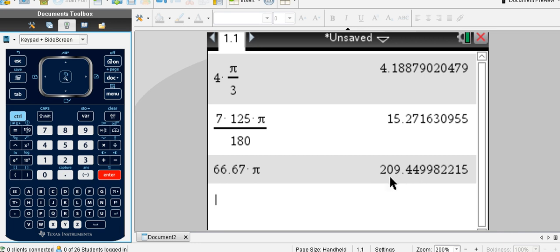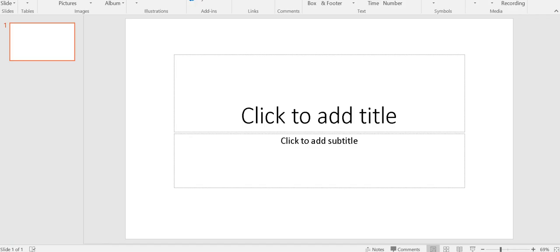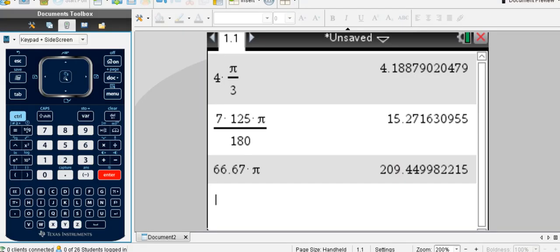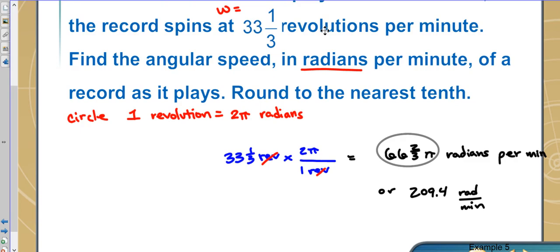So the nearest tenth is 209.4. So our answer here is 209.4 radians per minute. Let me check the calculator. Was it 209.4? Yep, 209.4 radians per minute. So that's the w.